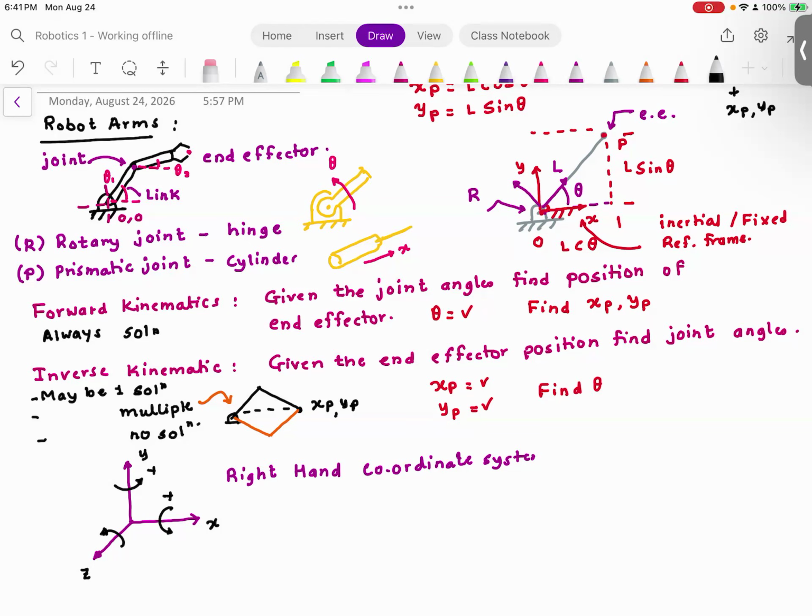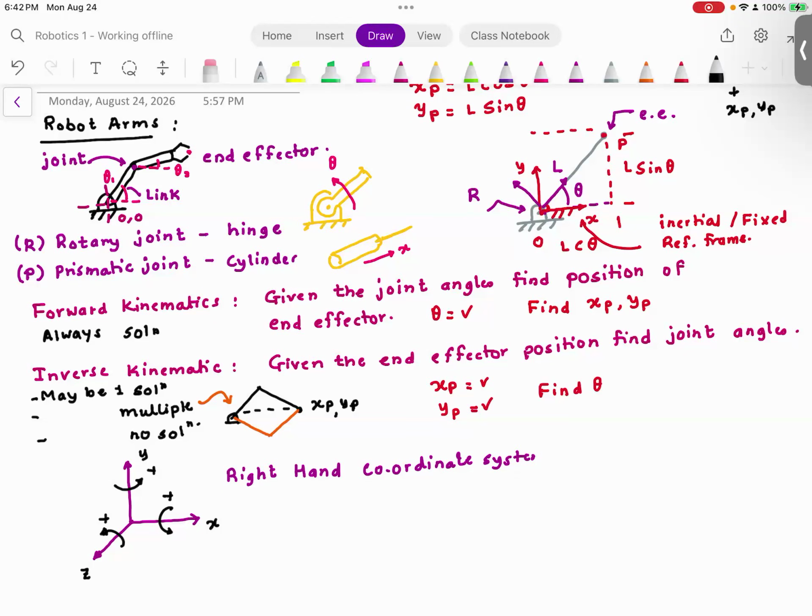So that rotation is positive. Everyone understood this? So always the right-hand coordinate system. Anytime if you have any questions, remember X is the thumb, Y is the first finger, and the middle finger gives you the direction of Z. So if you have X towards the right, Y going up, your Z is going inside the board. Everyone understood this? Always remember, this is X, Y, Z.